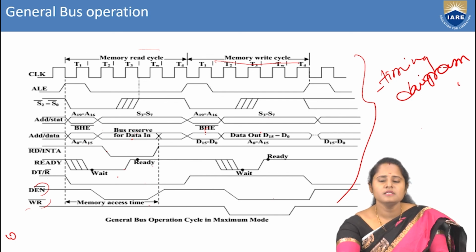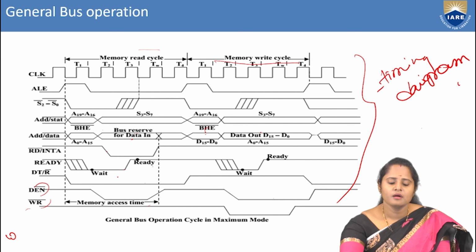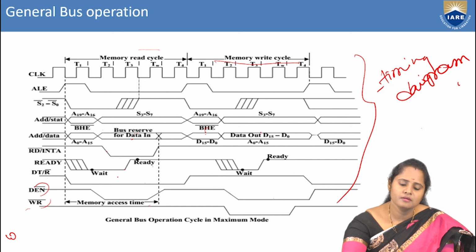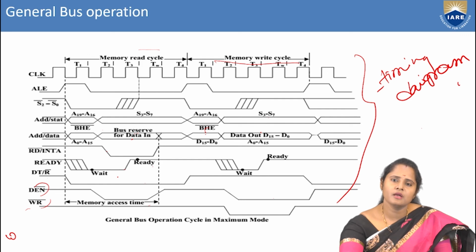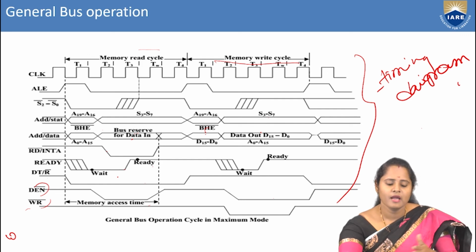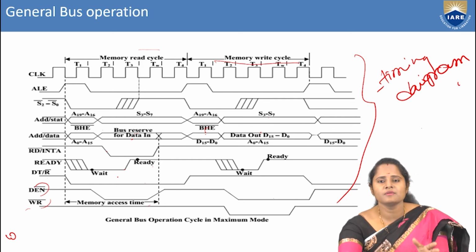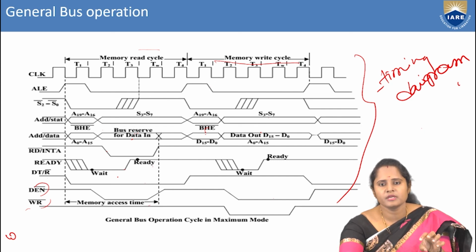So here these two operations show how the data is transmitted and how the data is received, and the pins which are activated when the data bus operation is done.